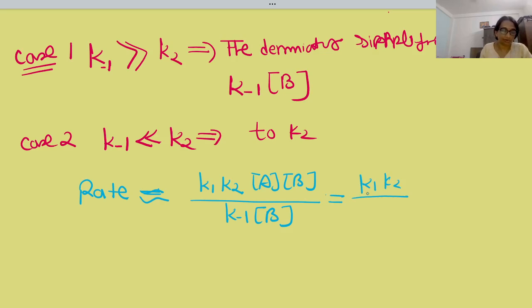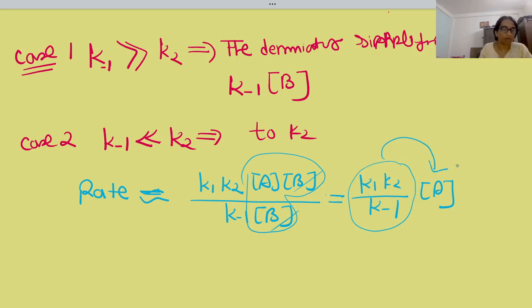Solving this equation, the [B] cancels, and we get K1 K2 over K minus 1 times the concentration of A. That means the rate of reaction completely depends on the concentration of A only, and this reaction is a first order reaction.